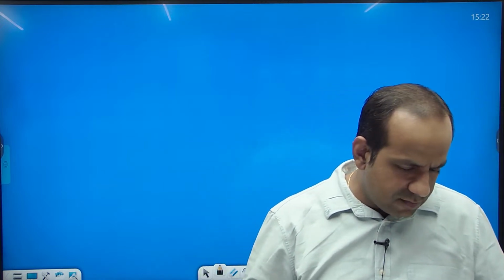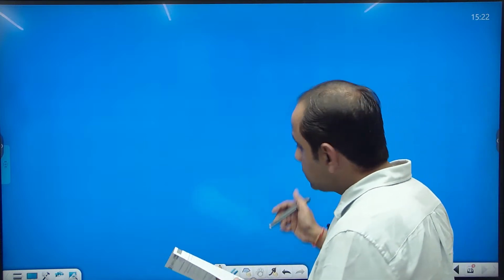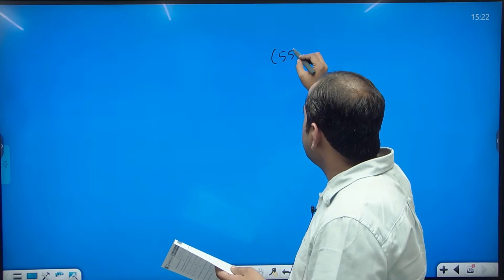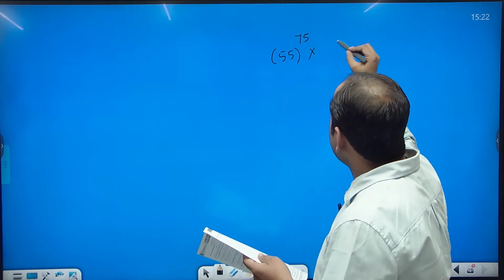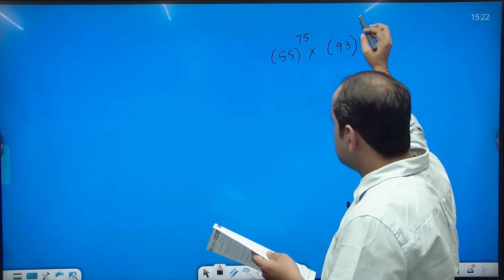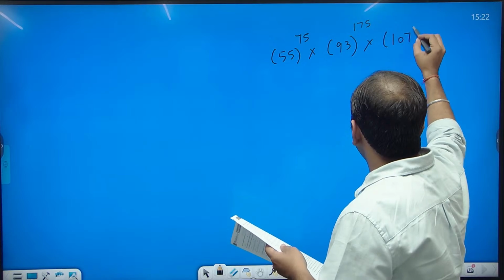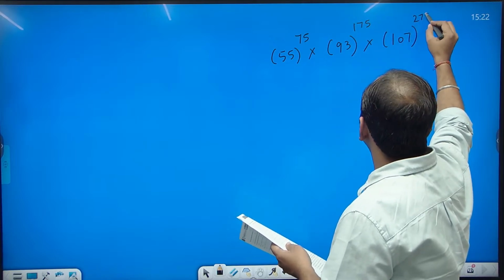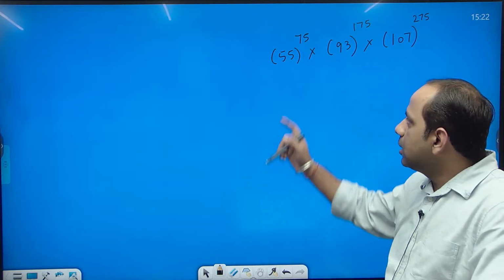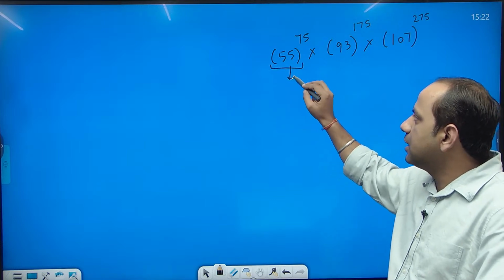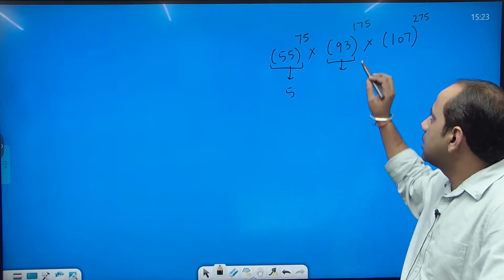Tell me your answer for question number 11th. 11th question is 55 to the power 75 into 93 to the power 175 into 107 to the power 275. देखो अगर कभी भी तुम्हें 5 मिल गया यहाँ पे, ये तो 5 ही रहेगा. इसका यूनिट डिजिट क्या आ रहा है?